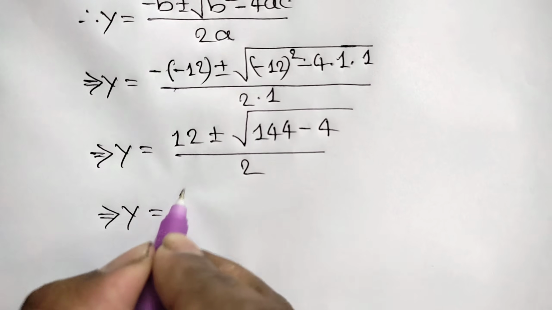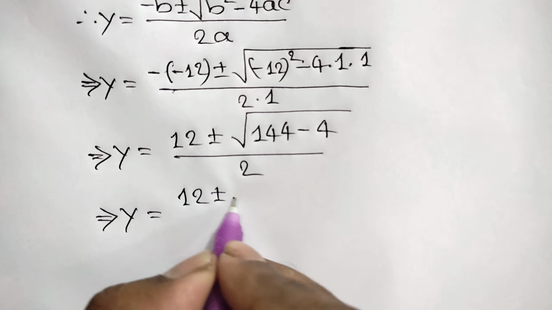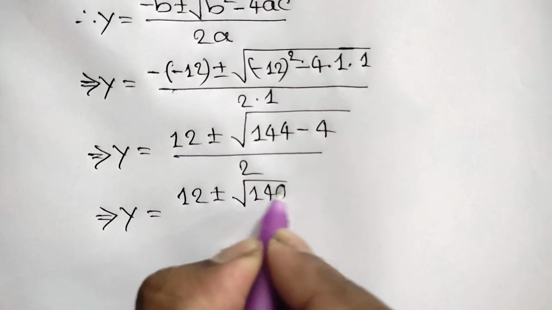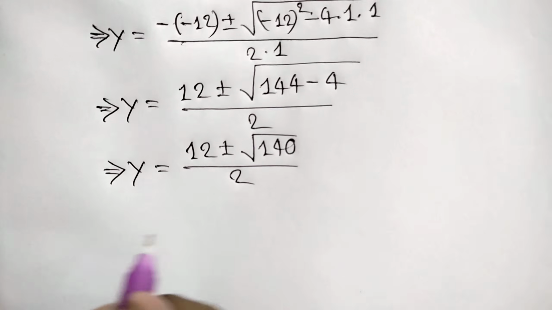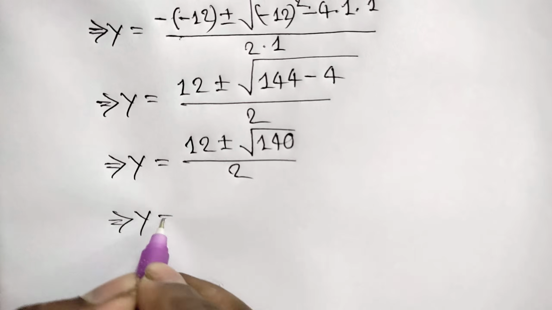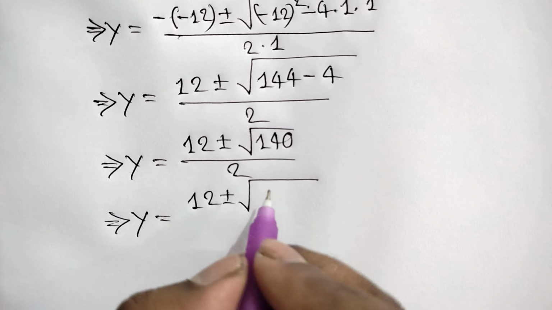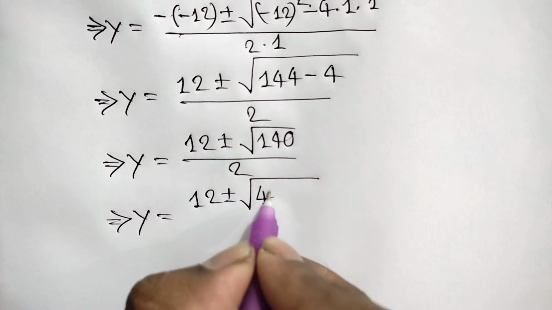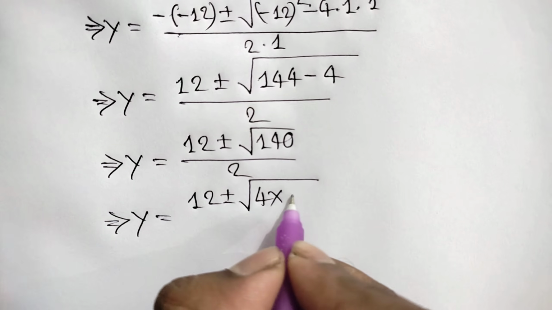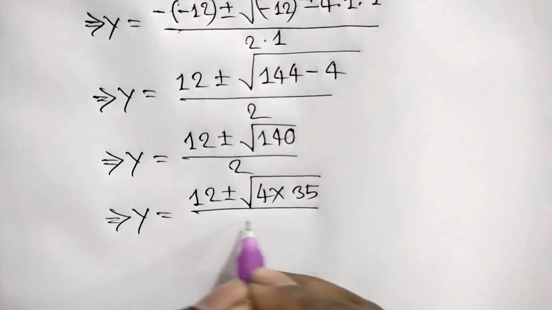Or y is equal to 12 plus or minus square root of 140 over 2. Square root of 140 can be written as square root of 4 times 35, over 2.